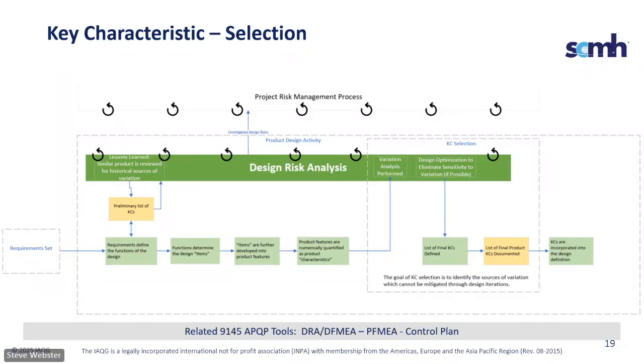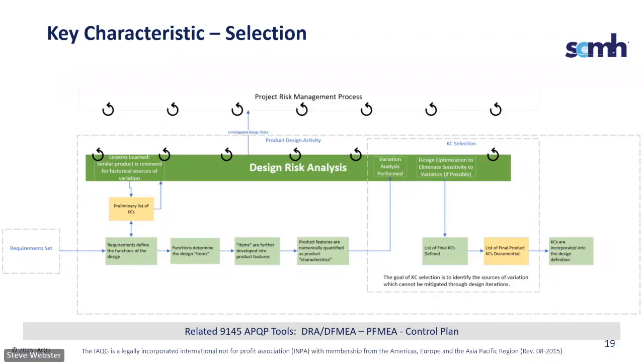Then these candidates are taken through design and process FMEA activities. The result from the variation analysis is used to inform the occurrence ranking on the design and process FMEAs. So based on outputs from variation analysis and FMEA, design is optimized to eliminate or reduce the sensitivity to variation, if at all possible.